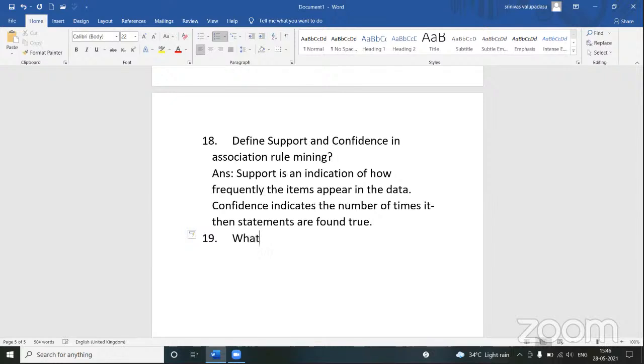What is ID3 algorithm? ID3 stands for Iterative Dichotomizer.